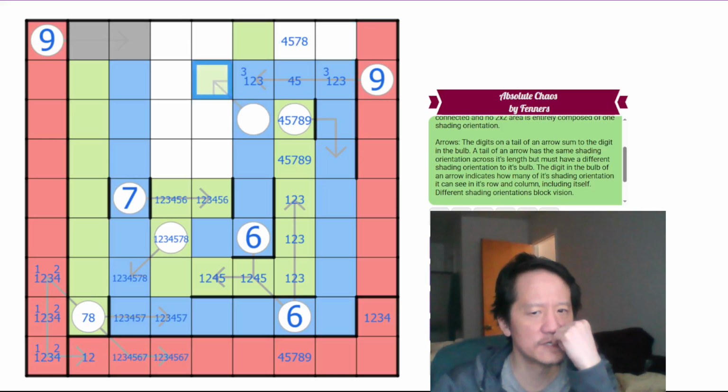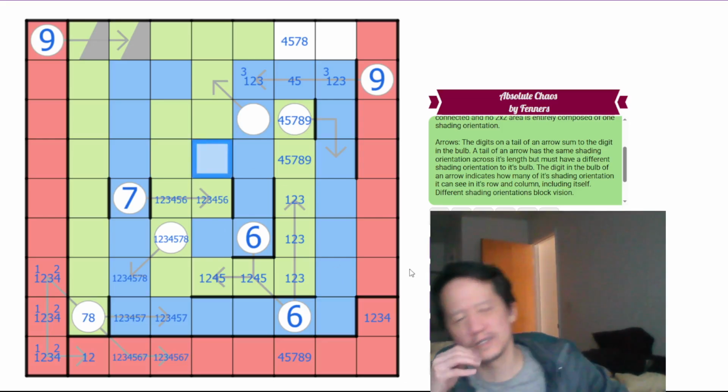This is green. This must be green then. This has to connect this way. So this is green, which means this is blue. I guess that does actually work. Green, green. This can't be blue. This has to be green, and then this is... That does work, actually.